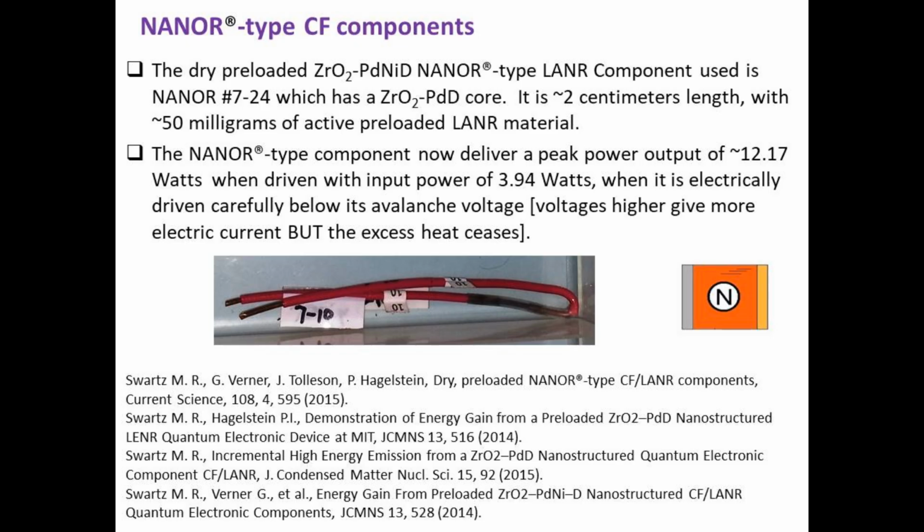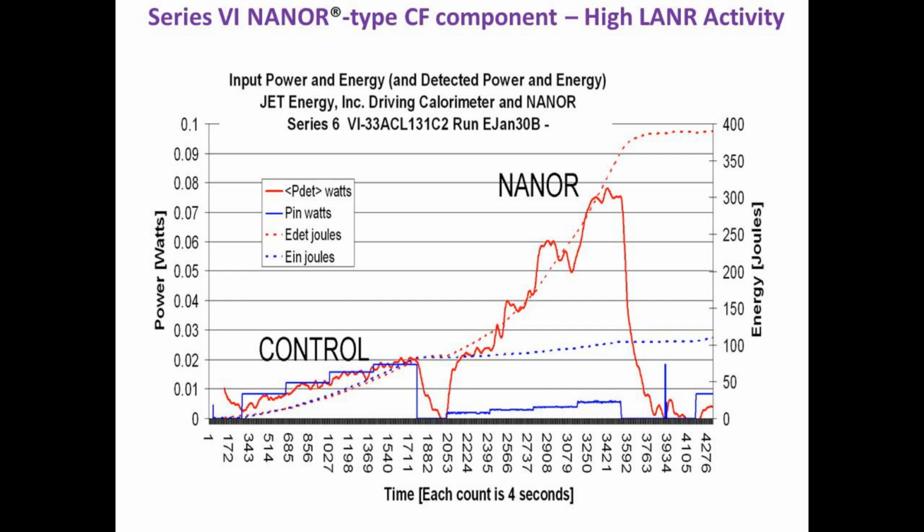I will show you these two states now, both for our LANR type preloaded cold fusion components and for aqueous systems as well. Here is the output of a LANR type component on the right. For comparison and as calibration, on the left is an ohmic control.